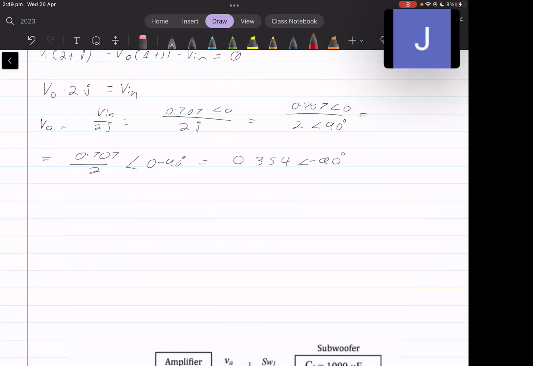Then the final part of this question is to take a look at the average power absorbed by the speaker, which we're just representing as an 8 ohm resistor.